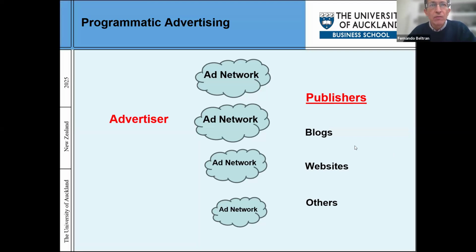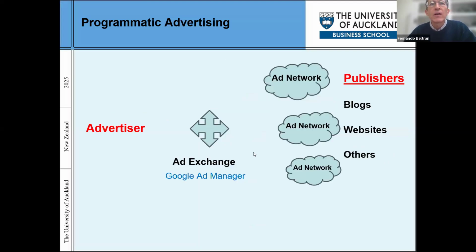And nowadays, practically any website is showing you ads. That's a result of all these things. In the next step, as this started to consolidate, another player was introduced called the ad exchange, and Google Ad Manager was a big example and continues to be a big player under a different name.